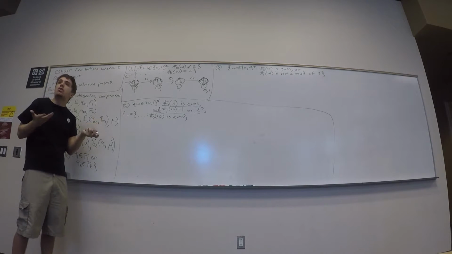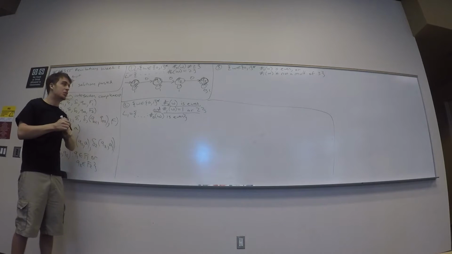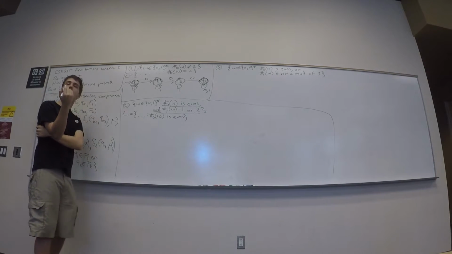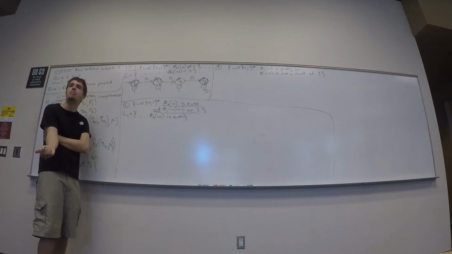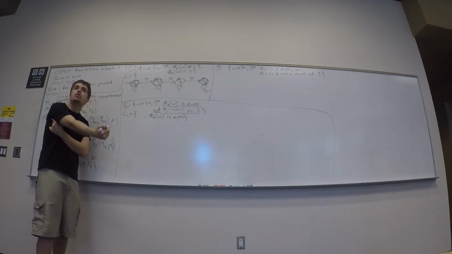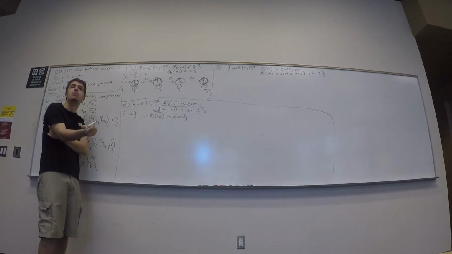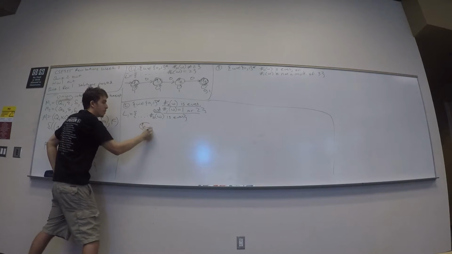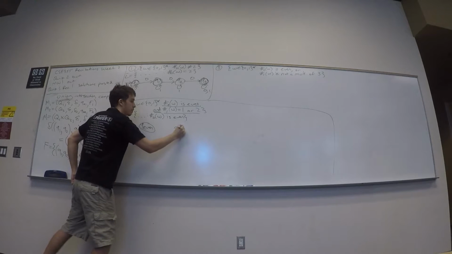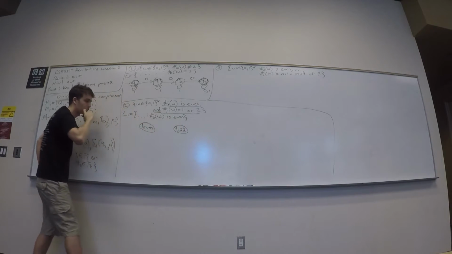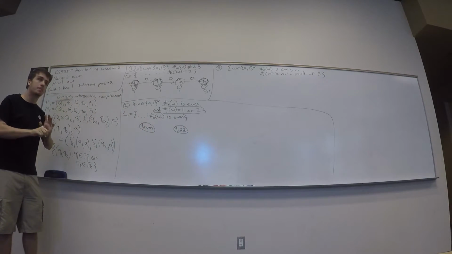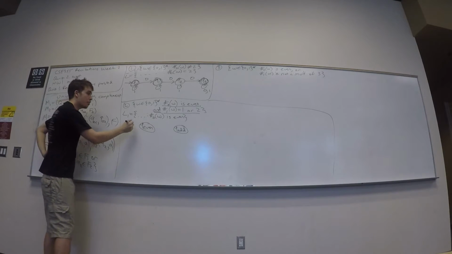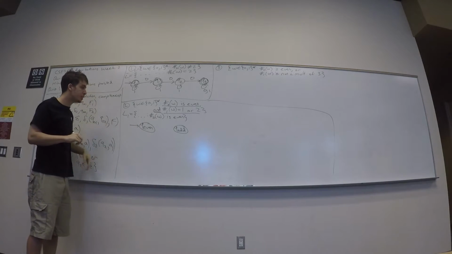We actually saw this in class and recitations last week. We can have a state corresponding to having seen an even number of zeros, and another state corresponding to seeing an odd number of zeros. So I'm going to make two states, Q even and Q odd. What's the start state? Q even, yep, because we've seen 0 zeros.